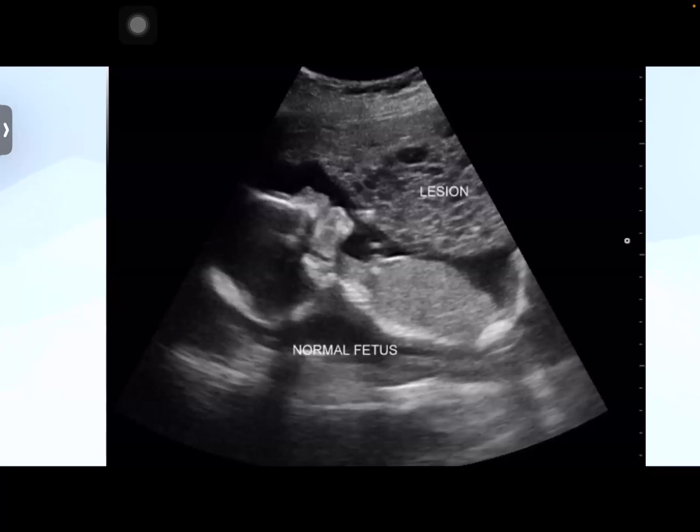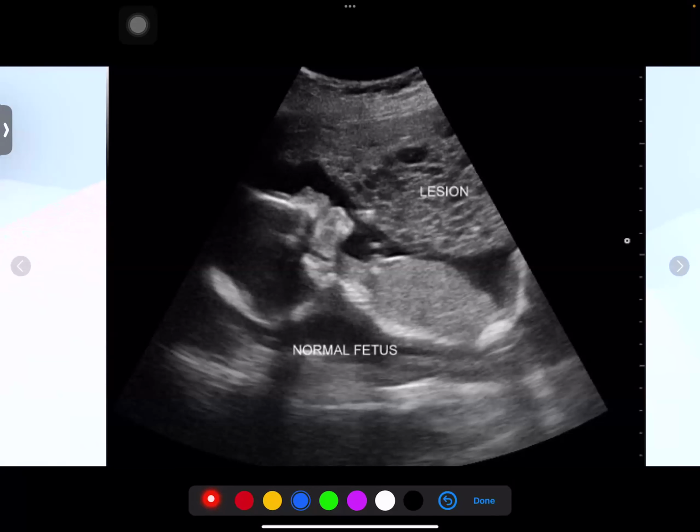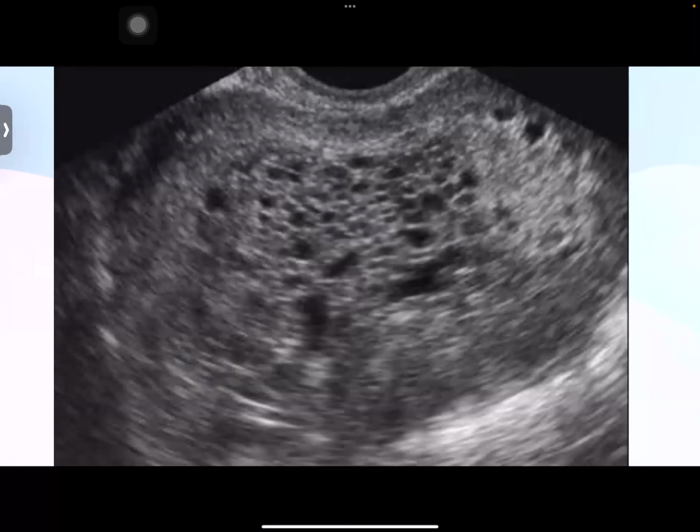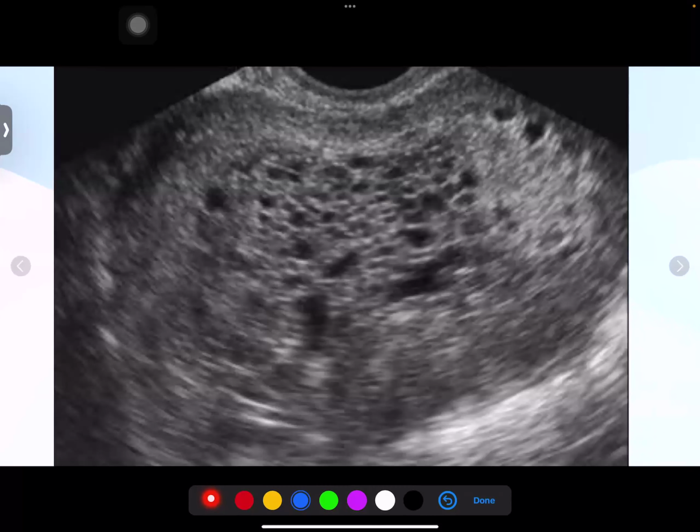Now these pictures are also very important for exam purposes. They usually come in exams. If you see this picture, a normal fetus is present, okay? And this is the snowstorm appearance in the placenta. So you can say it is a partial mole, okay? And if you have this picture, this is the snowstorm appearance, like this, okay?